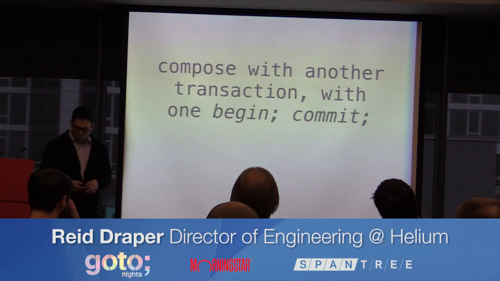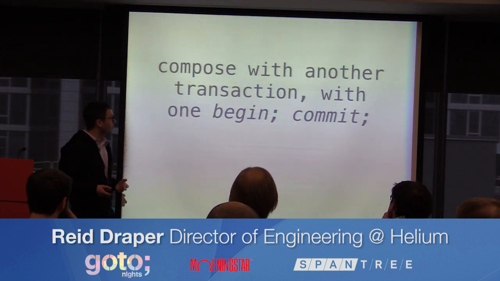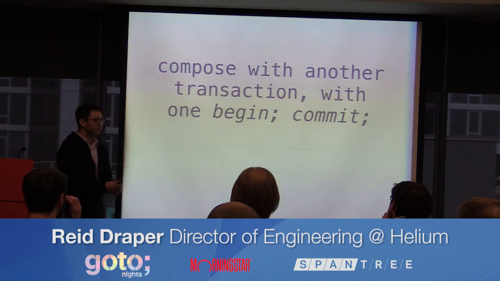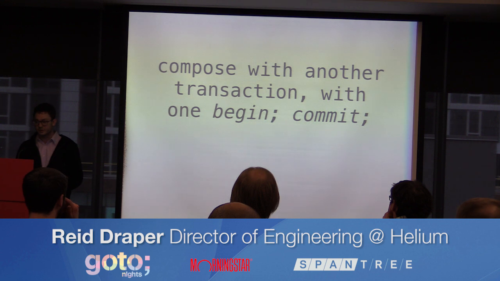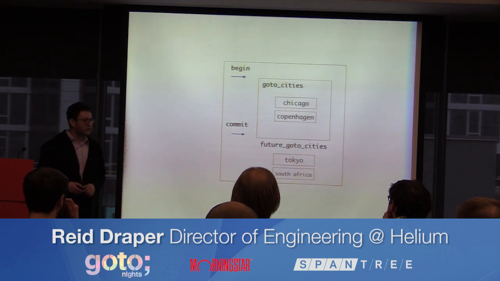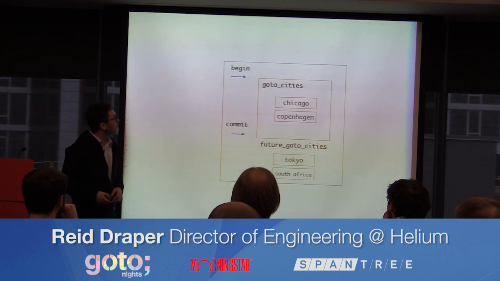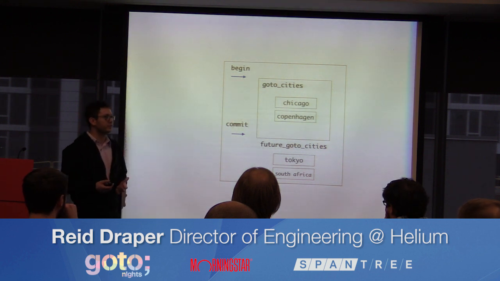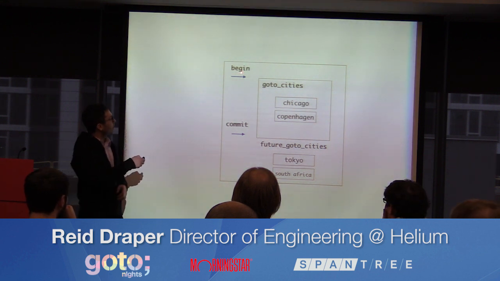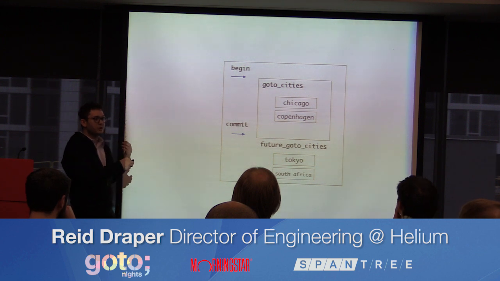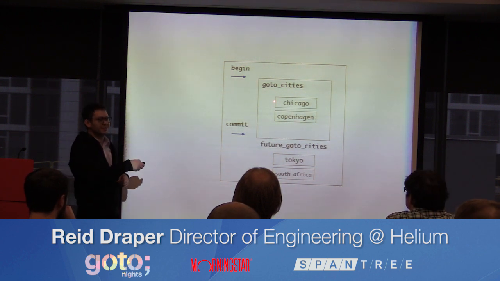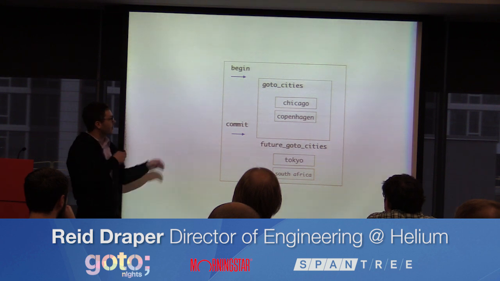And so when we compose with another transaction, we want exactly one begin and exactly one commit. Remember? Right, this is what's proving difficult. And just to drive the point home, this is an illustration of the situation that we're coming into. We have this first begin in the outer with transaction, and then we have a few other begins that Postgres is going to say, yeah, whatever.